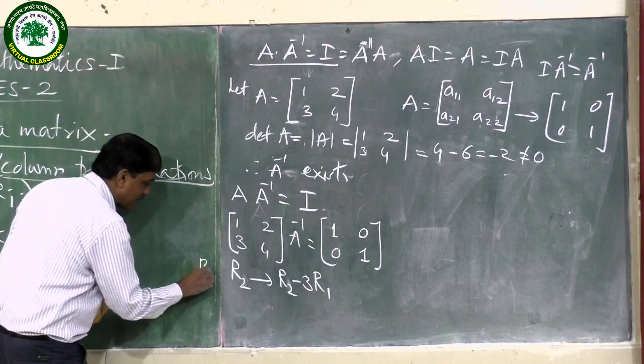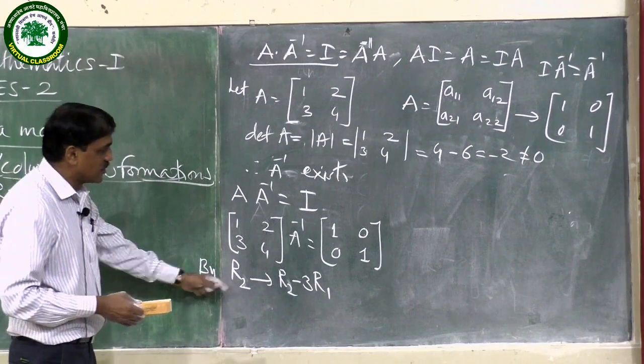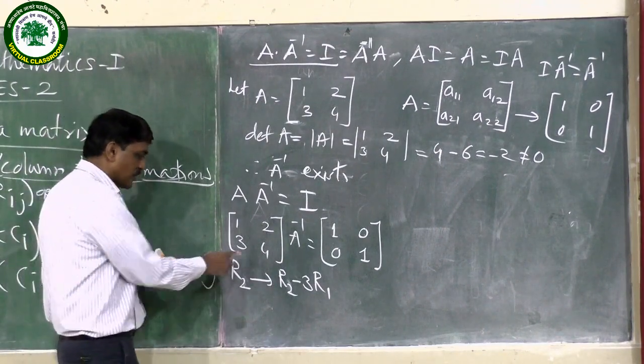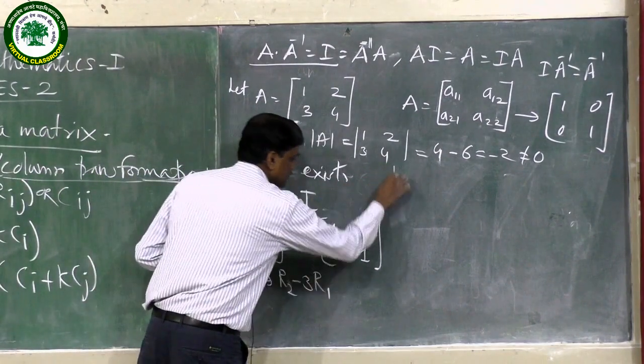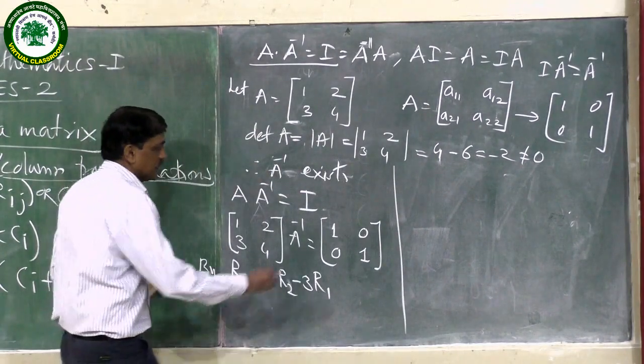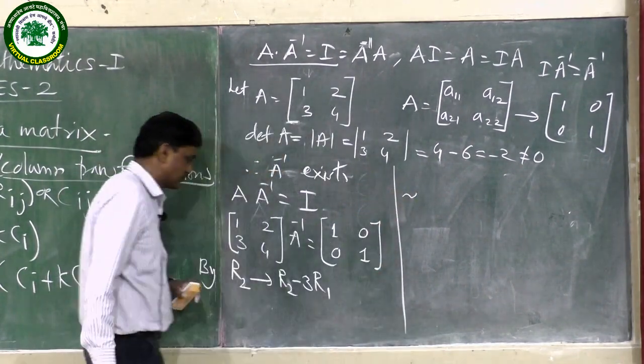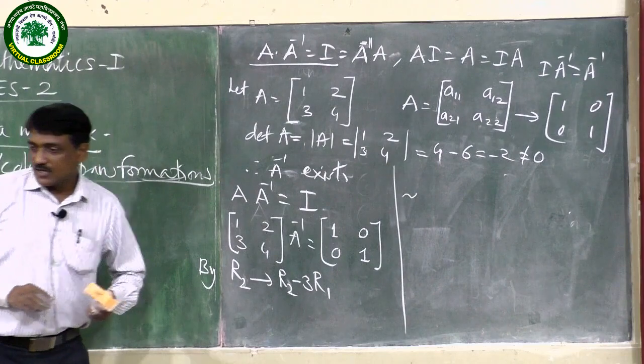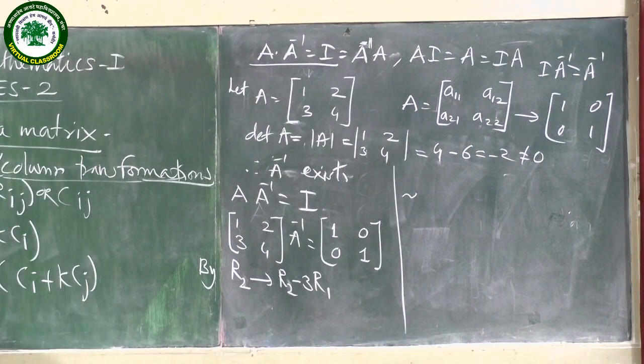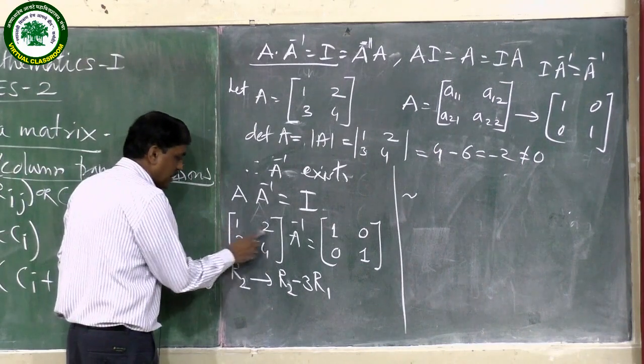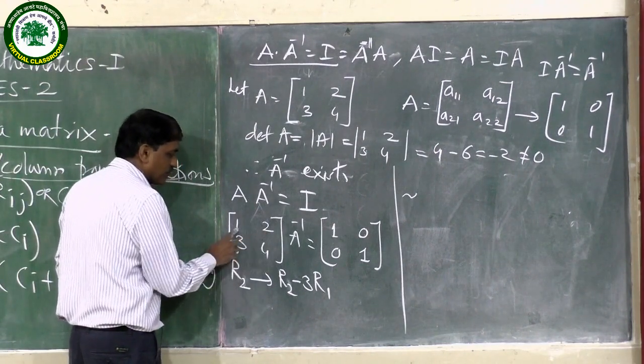So this is the row transformation. See what happens on this matrix. What is the calculation to do? Multiply the first row by 3.